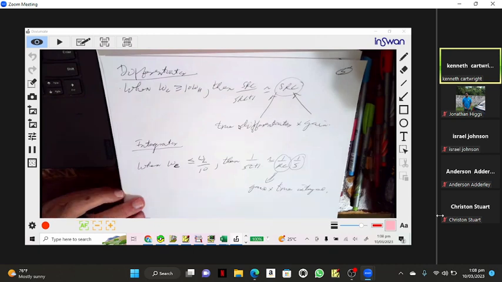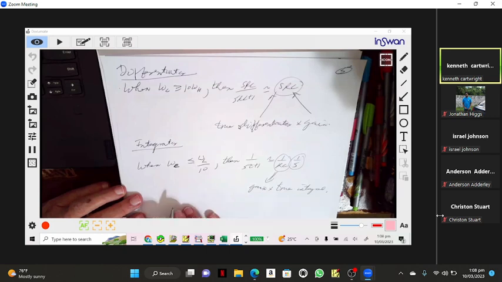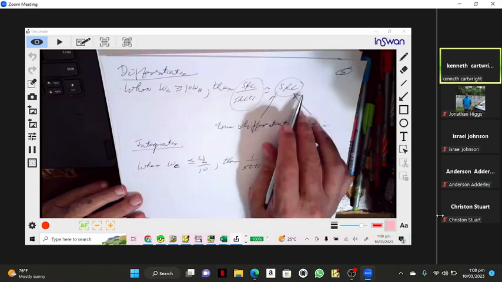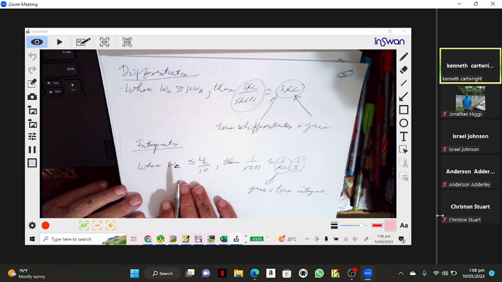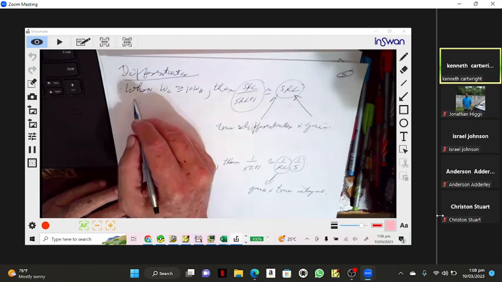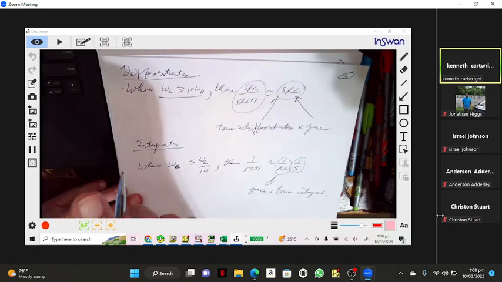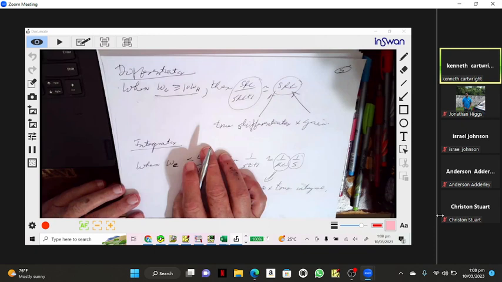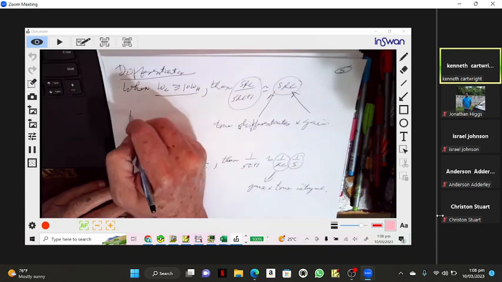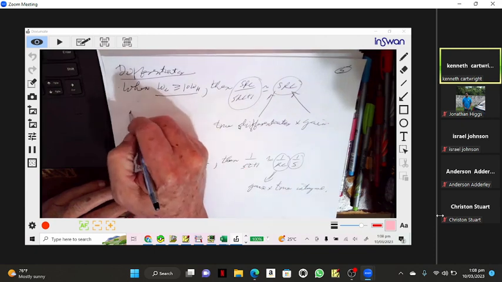Okay. Here's the high pass filter. When is the high pass filter an approximate differentiator with gain? See it right here? When the cutoff frequency is greater than 10 times the highest frequency in the signal. What is the highest frequency in the signal? It's 3,300 hertz.